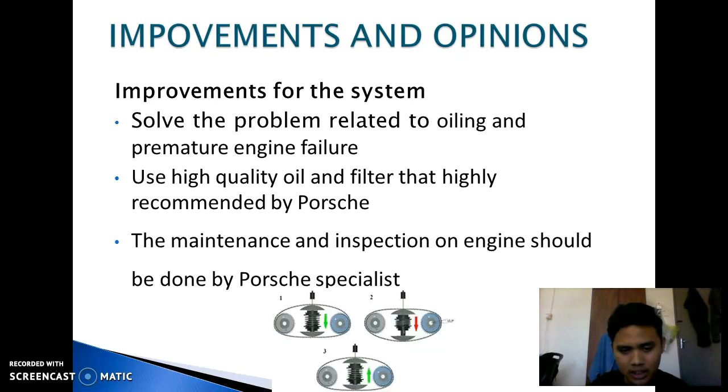So there is no other side effect, unlike if they go to a common mechanic. So these are some improvements that they can make to the system, and maybe the user also should take action.